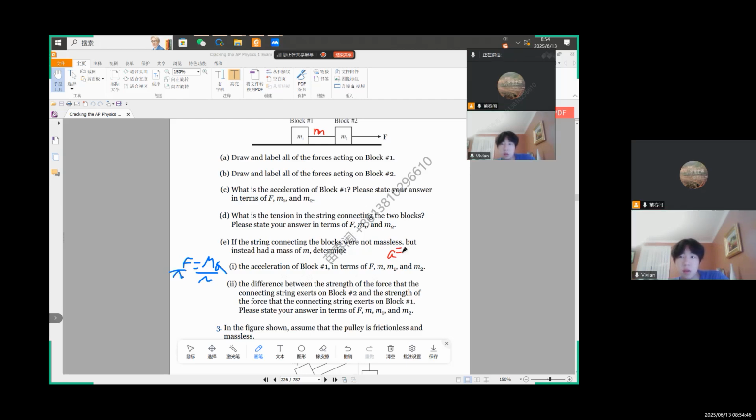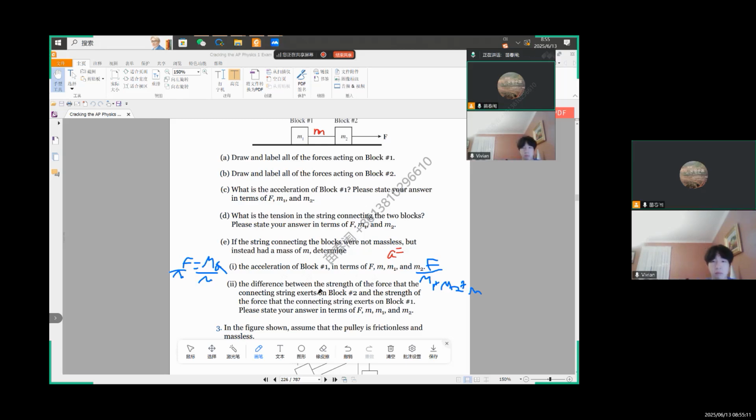The force here is just a big F, and the mass is M plus M1 plus M2. As long as I have this acceleration, I can focus on one block.